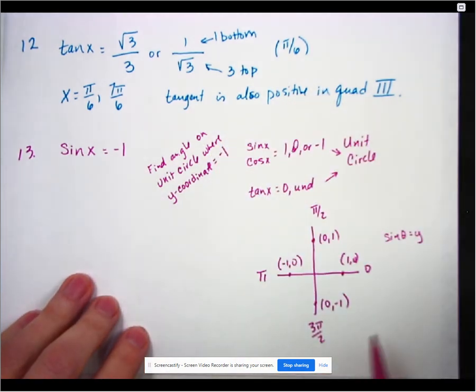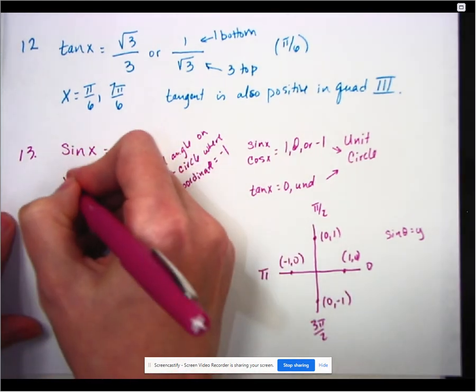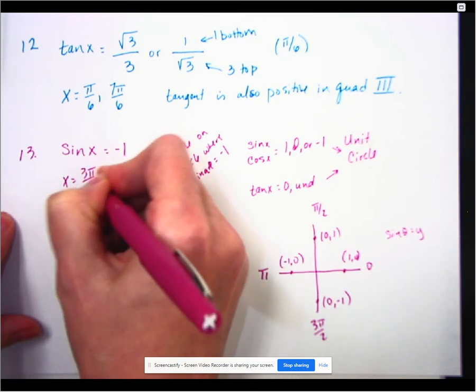That is going to be this one right here. The y coordinate is -1, so that angle is 3 pi over 2.